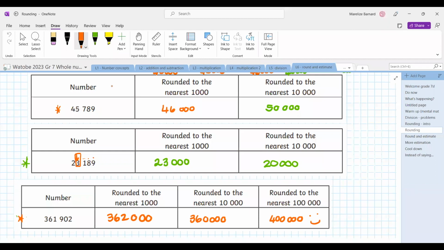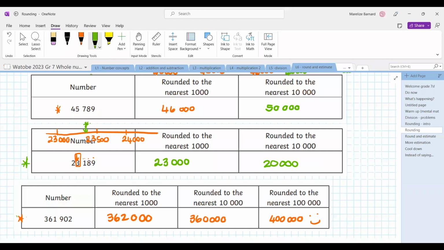So let's put it on a number line. Let's say 23,000, and the next 1,000 after that is going to be 24,000. Now 23,000, and here's the middle, which is 23,500. So 23,189 is going to be more or less here, right? Is that closer to 23,000 or closer to 24,000?